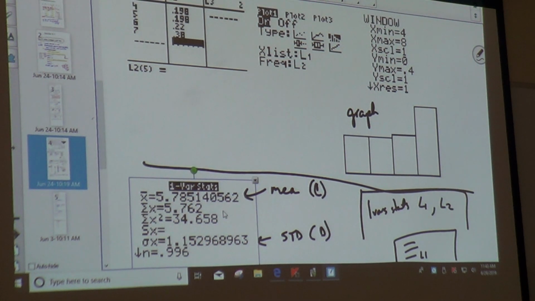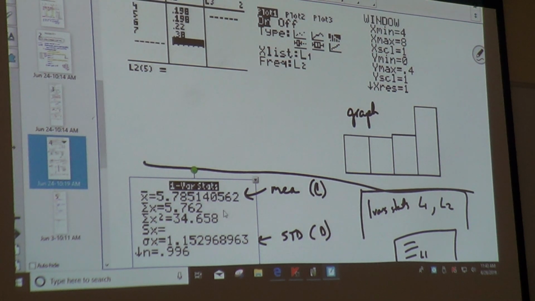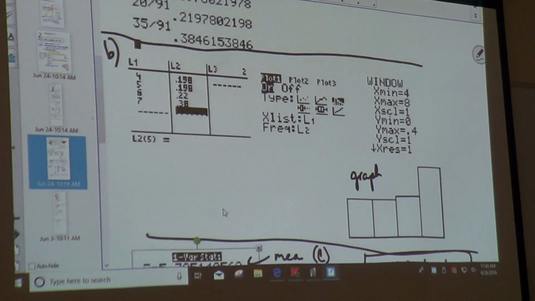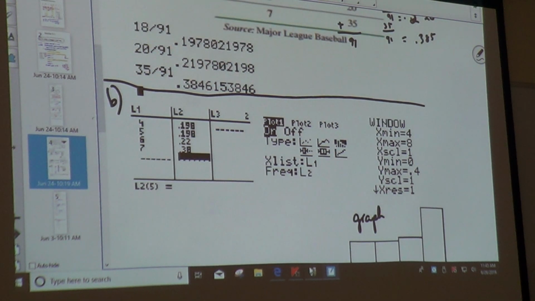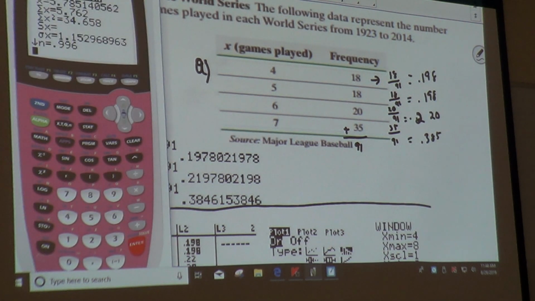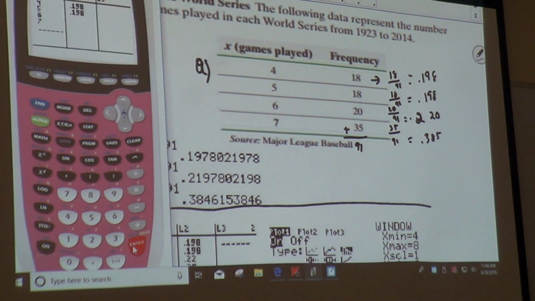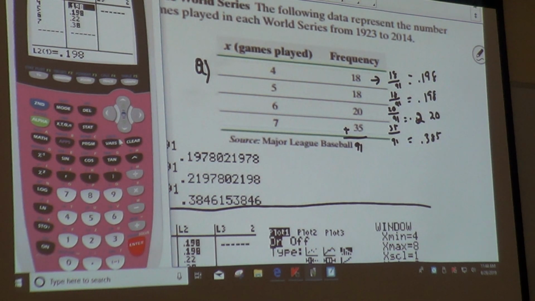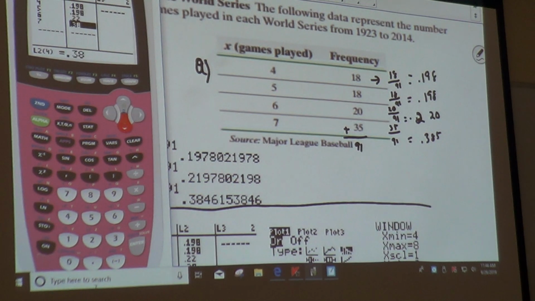Yeah, so it'd be 5.891. Hold on, let me look at my numbers. Let's come back here, let's do stat edit. 4567.198.198. 0.385.